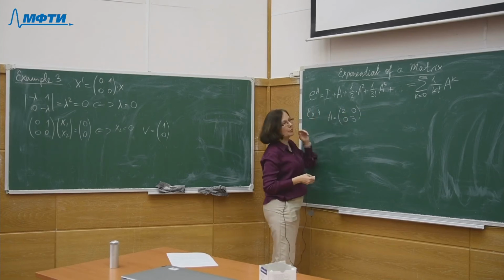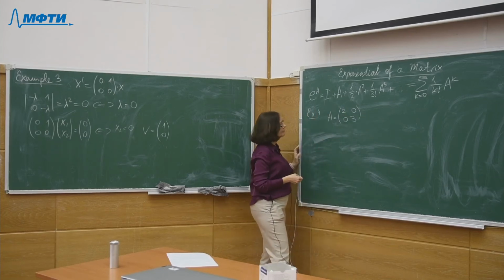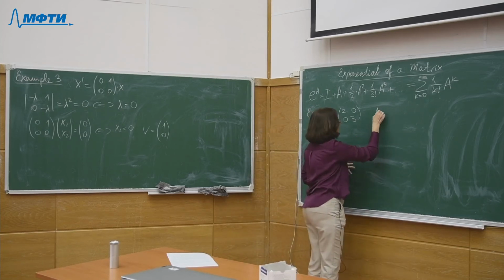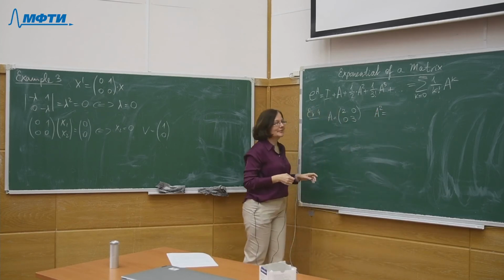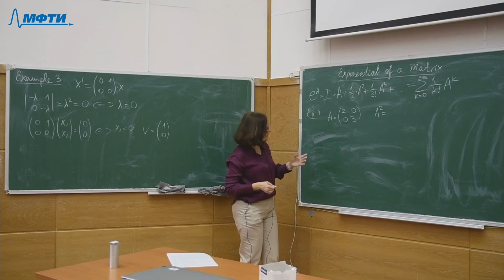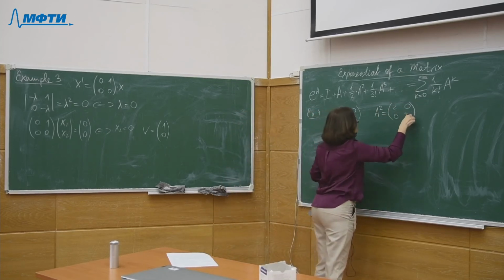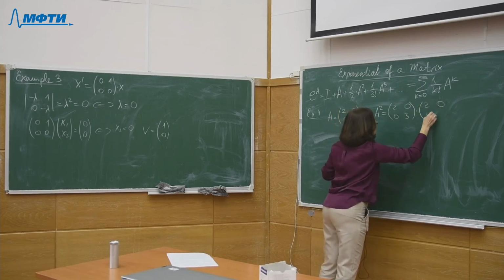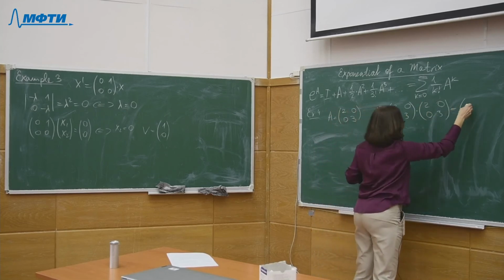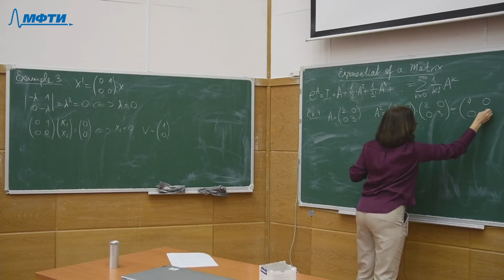Let's try to apply this formula. What is A squared? Just A multiplied by A: 4, 0, 0, 9.